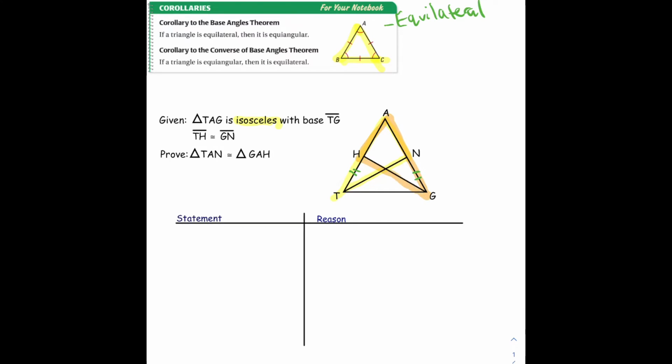Okay, so let's see here. Triangle TAG, so my really big triangle. So I'm going to focus on that one because it tells me it's an isosceles triangle. I know, again, I know some specific things. So I'm going to say that this right here, TA, is congruent to AG.